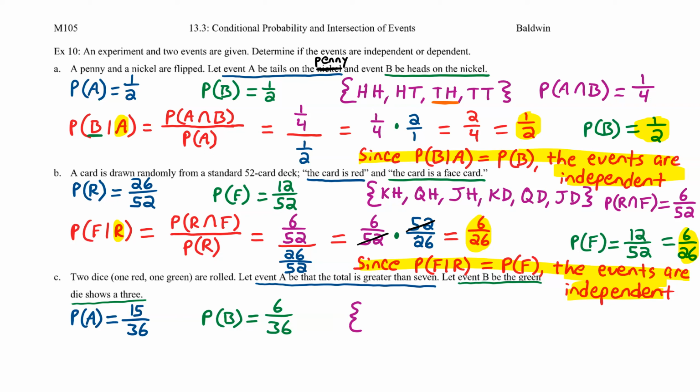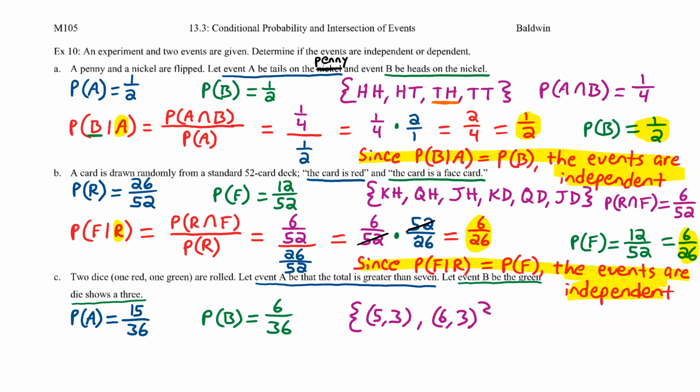So for the intersection, if we want a roll that satisfies both of these conditions of it being greater than 7, but also the green die being on 3, that means the red die would have to land on 5, and the green die we said is stuck on 3, or the red die lands on 6 and the green die is stuck on 3.